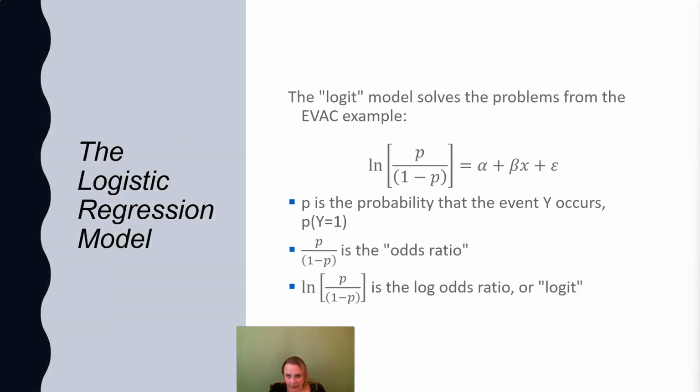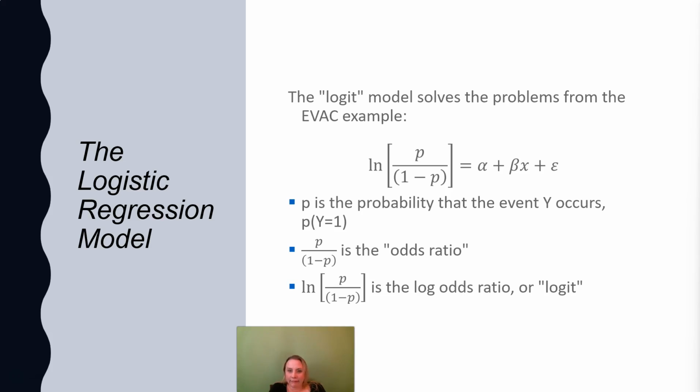So let's look at this a little bit further. The logit model solves the problem for our evacuation problem by looking at the log odds, which is p divided by 1 minus p, and setting it equal to alpha, your intercept, plus your beta x plus some error.